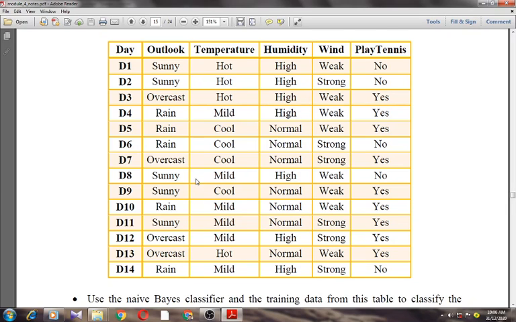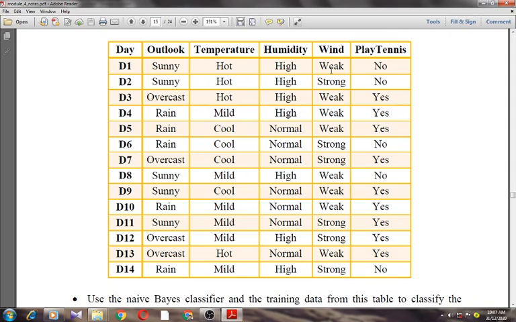These are nothing but training examples of the target concept, that is play tennis, where each day is described by attributes outlook, temperature, humidity, wind, play tennis.